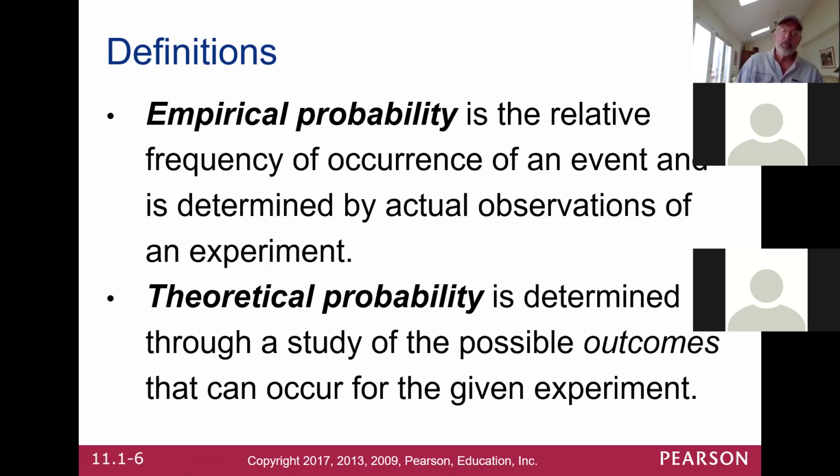And then there's theoretical probability, which is a study of possible outcomes that might occur or should occur in a certain experiment. So we have the observations, and then we have a sense of what the probability should be. And sometimes the actual observations follow those theoretical probabilities. Sometimes they are not yet following it.